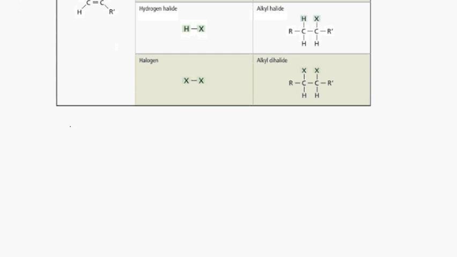So if we take this molecule, which we should know is ethene, and we react it with bromine, sometimes they'll show heat above the arrow to show it was heated up.